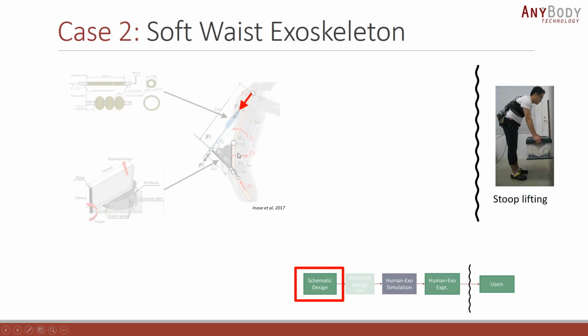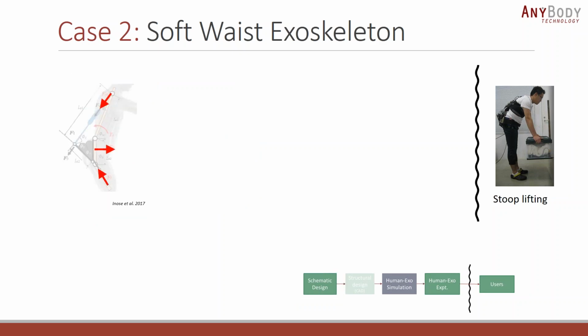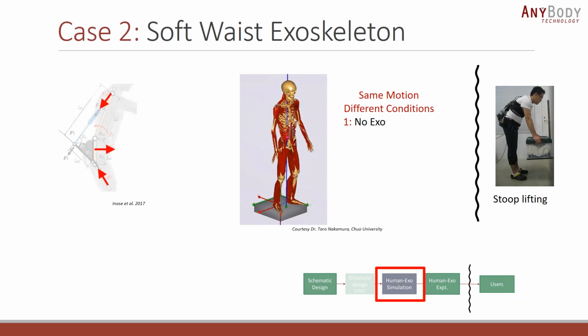They used these schematic models to calculate the force exerted by the pneumatic actuator, the force between the waist and the exoskeleton, and the force between the thigh and the exoskeleton. Once they had the schematic design in place, they skipped the step of designing the CAD model and moved directly to the human exosimulation.